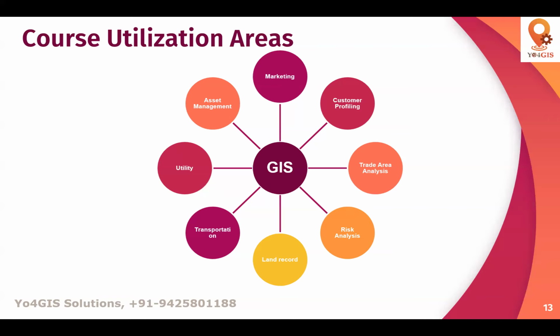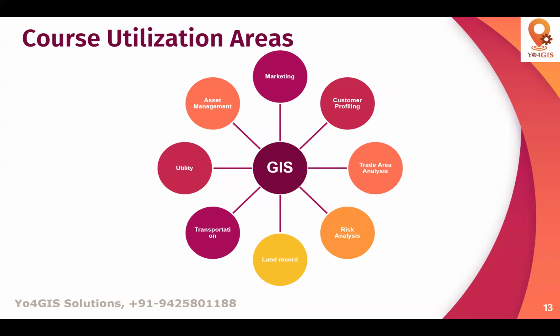Everyone knows the utility, how we are using GIS for transportation. Everyone is using GIS for navigation. Everyone is using GIS in Ola, Uber, all these applications. In all these applications, you can easily see the power of GIS.